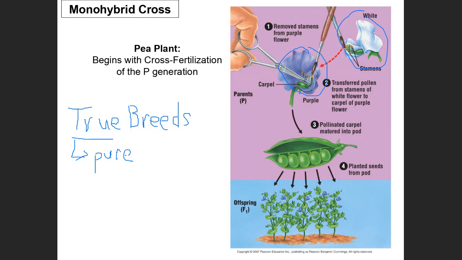So listen carefully. What Mendel did before he ever started the monohybrid cross, he would take, say, just this one parent here that produced purple flowers. Imagine we get rid of all this other stuff here, and we're only looking at this flower. What he would do then is take that pea plant that produced purple flowers and allow it to keep self-fertilizing itself to produce a next generation of offspring.